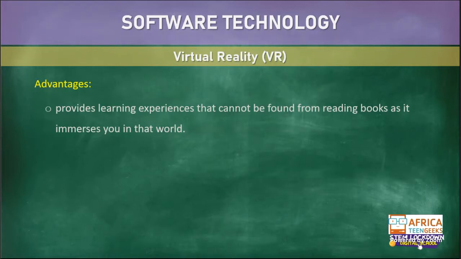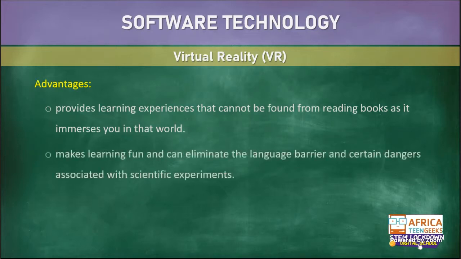So you can see the object as if in real life, and then you are able to describe how it works, how it looks. Number two, it makes learning fun and can eliminate the language barrier and certain dangers associated with scientific experiments.